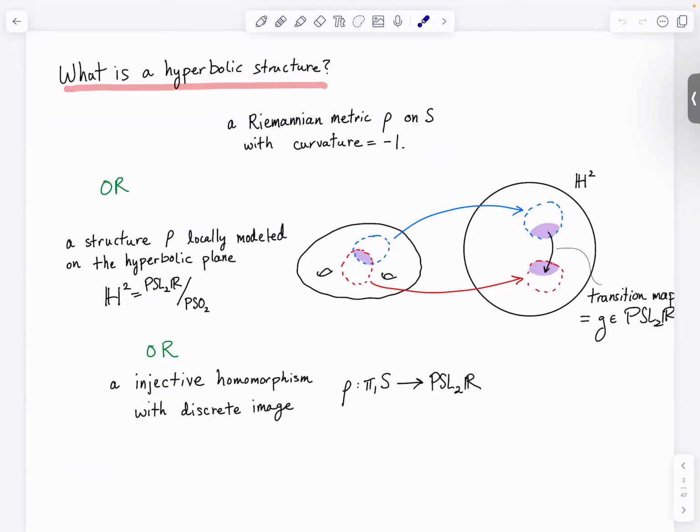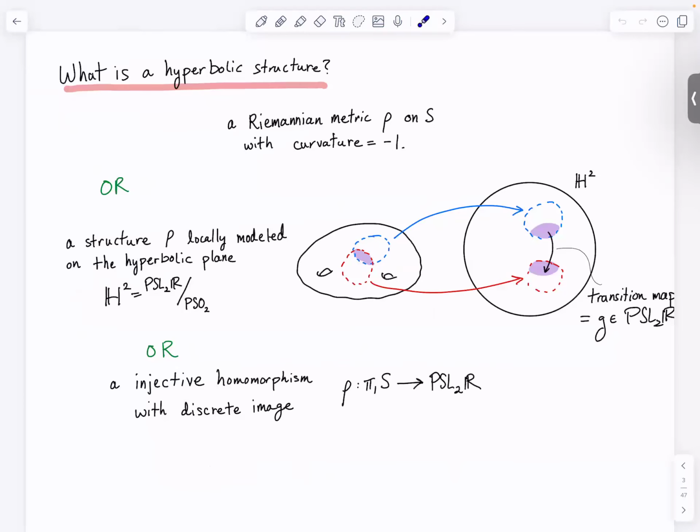So it's a constant negative curvature metric on S. Or equivalently, it's a structure, which I'll also call rho, modeled on the hyperbolic plane in the sense that I defined yesterday in my colloquium talk. Okay if you were not there. In other words, it's a way to put coordinates on your surface where the coordinate charts map to the hyperbolic plane, so that the transition functions when you change coordinates are isometries of the hyperbolic plane, elements of the Lie group PSL2R.